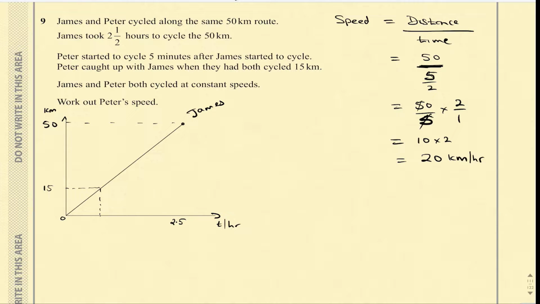Because they're both traveling at the same speed at that point, they both have the same speed. But Peter started 5 minutes late. So we could also sketch the graph, because they both caught up at 15. So this will be Peter's graph. There, that'll be Peter's.